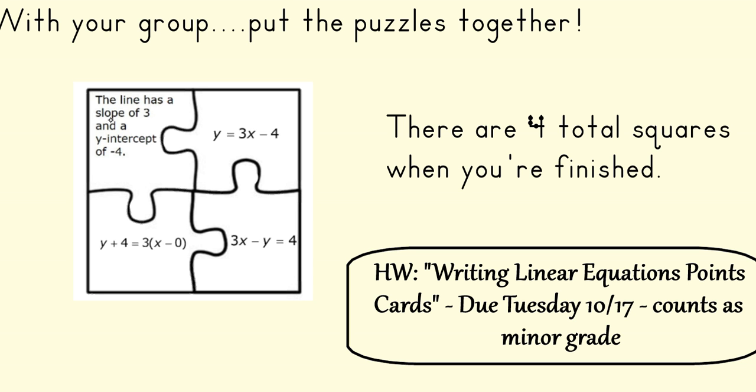So the line has a slope of 3 and a y-intercept of negative 4. Well, that would match with this slope-intercept. And then by converting my point-slope and my standard form to slope-intercept by solving for y, I should see how those go together.